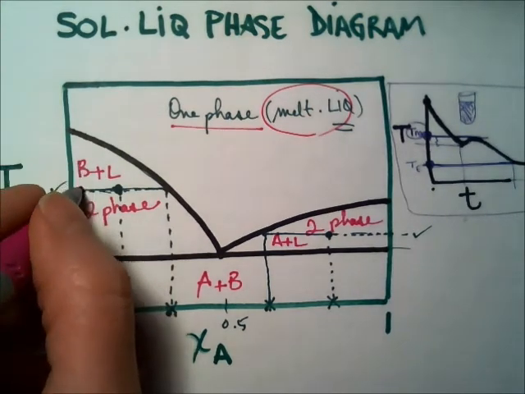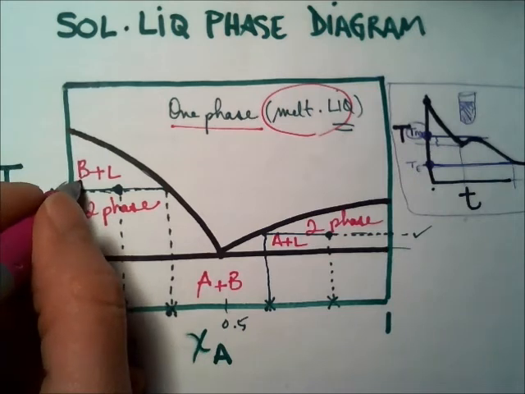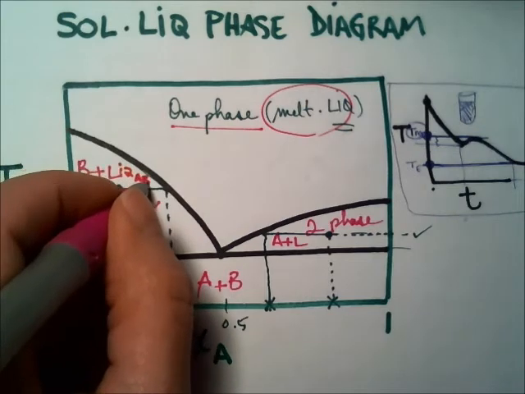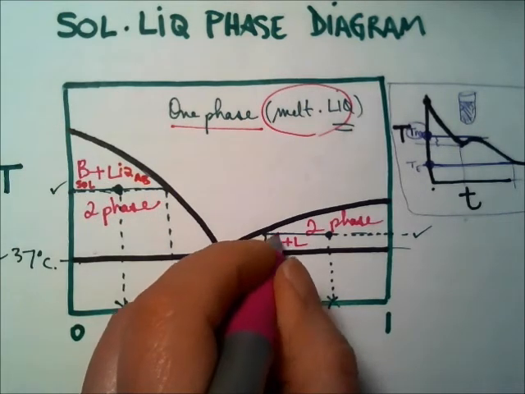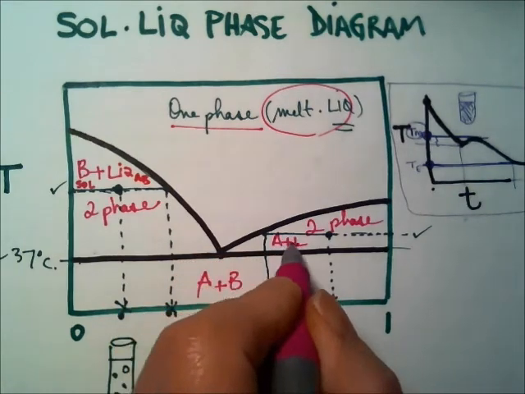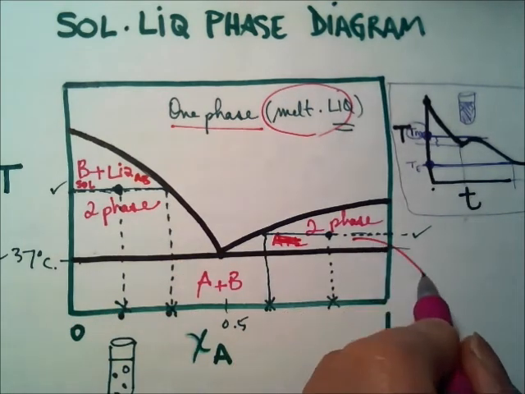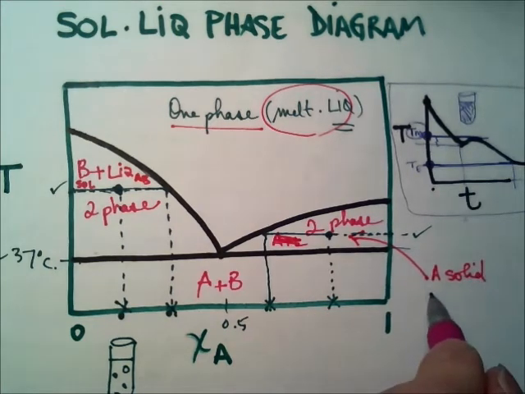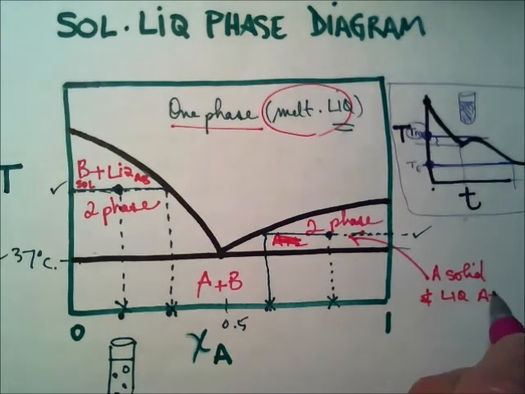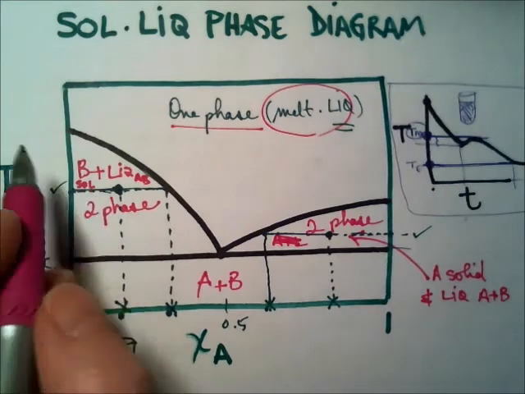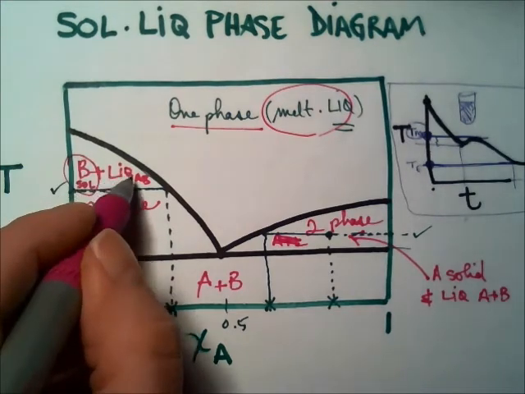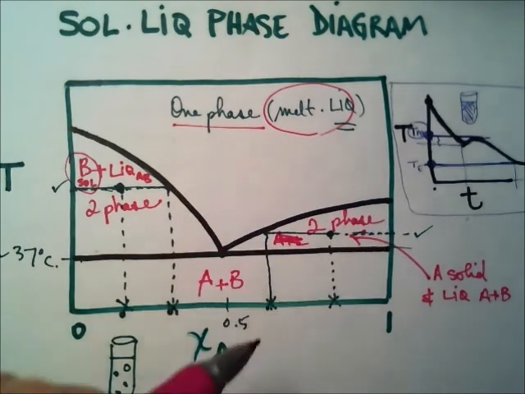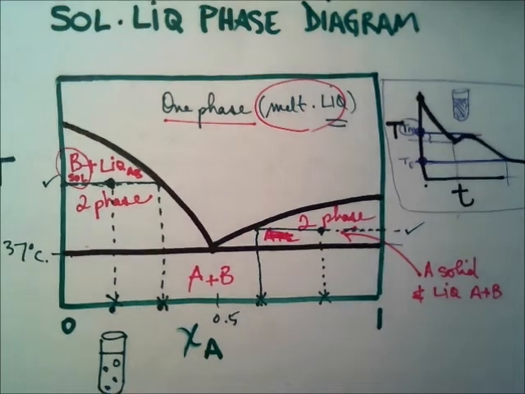So let's define. This is B solid plus the liquid AB, and this is A, it's not enough room to write it in there, so inside here is A solid, pure A solid, and liquid AB. Inside here, B solid plus liquid AB. And this is one phase. It's liquid AB, of course, but it is one phase.